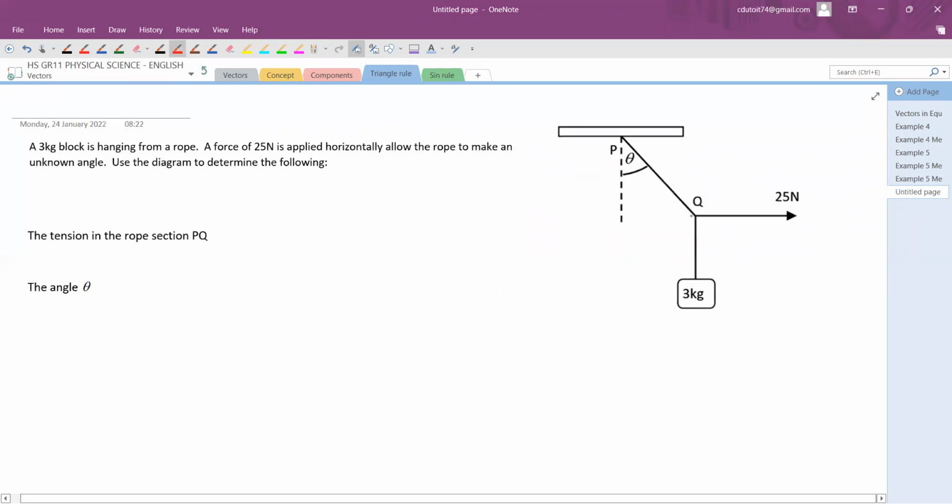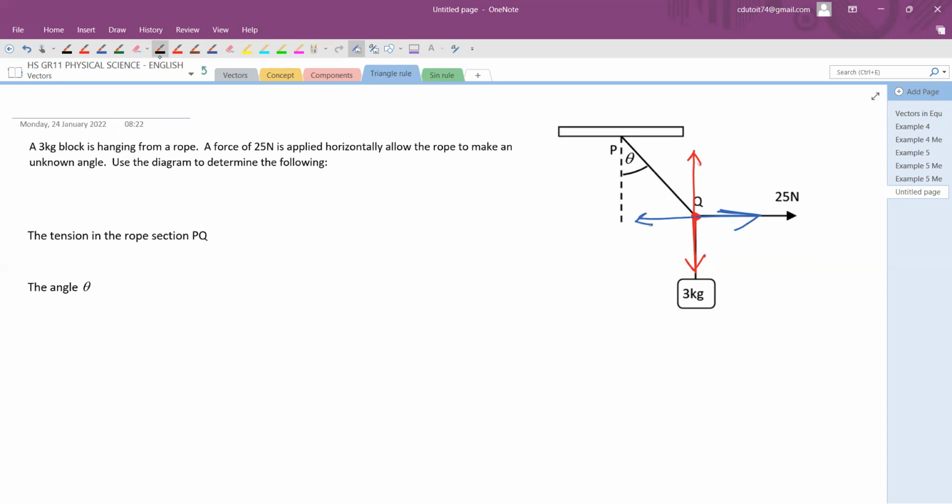If this point at Q is stationary, in other words, the forces are in equilibrium, they're not moving, then this downward force here, which is Fg, is the same as the upward force from Q. So at Q, there's a force pulling it up. It's the same as the downward force. Also, there's a force to the right of 25 newton. That force at Q would be the same as left 25 newton.